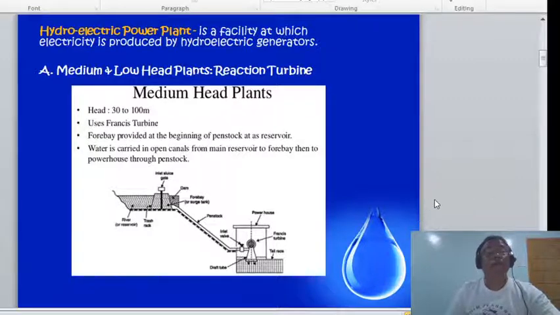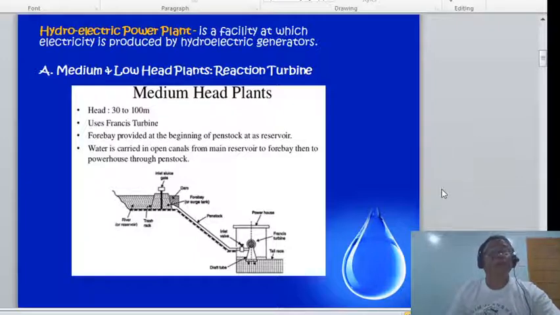For letter A, medium and low head plants. The type of turbine utilized is the reaction type, or the reaction turbine.